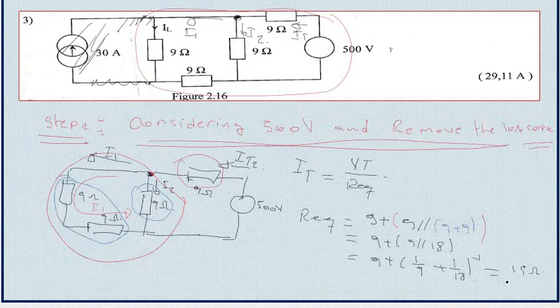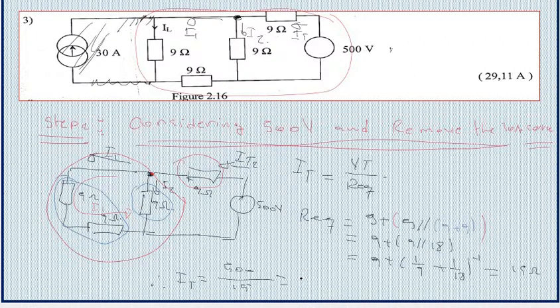Now to find the total current, I'm going to need to use this formula. Therefore I total is equal to the supply voltage divided by the total resistance, which is equal to 15. So I get 33.333 amp. So that is the total current.